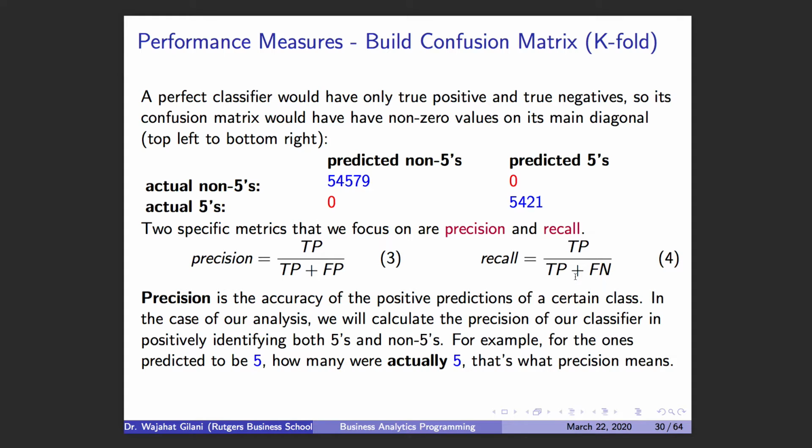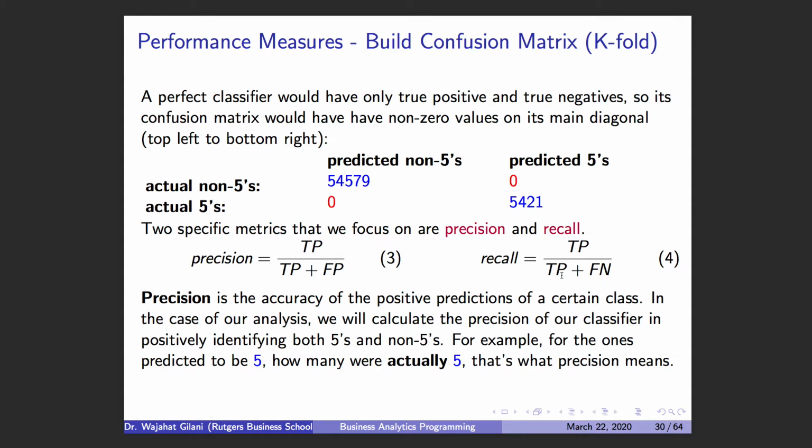It's something that was predicted to be a non-5, but was actually a 5. In that case, again, it's 0. So this will also give us 5421 divided by 5421, and our recall would be 1. So a perfect classification will give you a precision of 1 and a recall of 1.